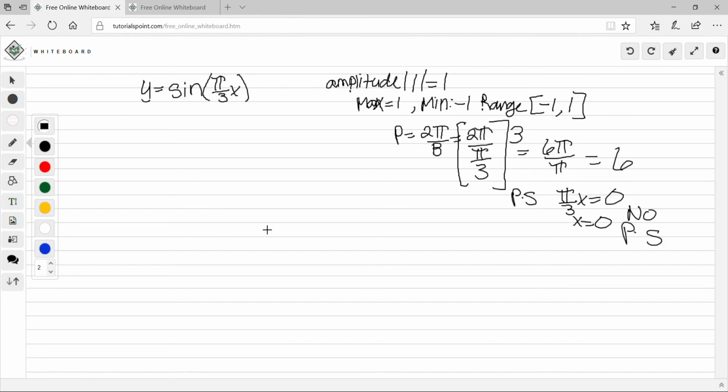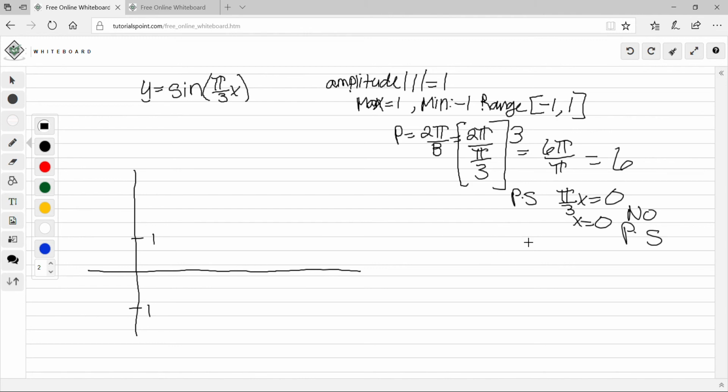Okay, so now let's graph it. So our range is from 1 to -1. And then we've got to find our critical points.